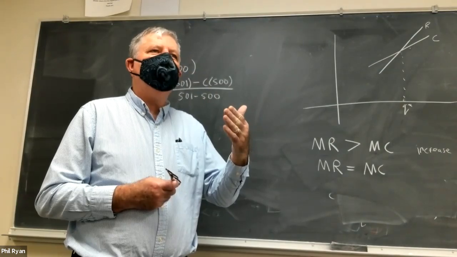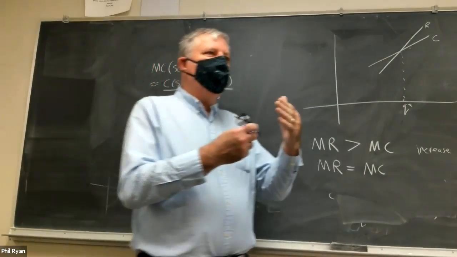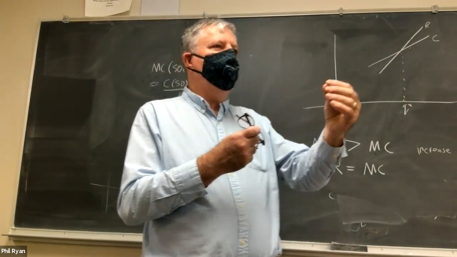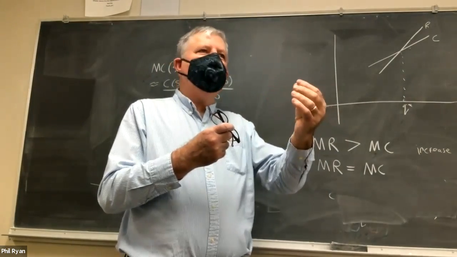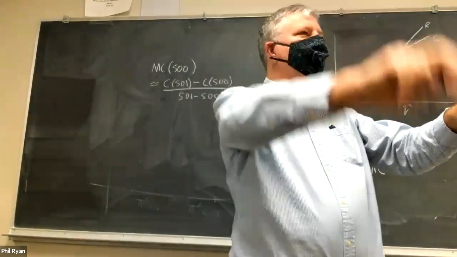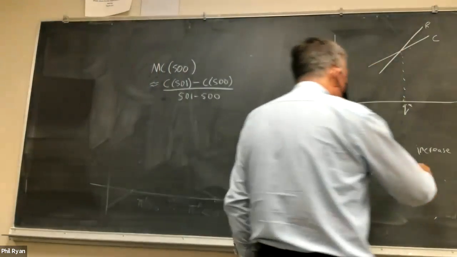Do we make any money? No. If our marginal revenue is $5 and our marginal cost is $5, we make nothing by increasing production. It costs us $5 to make that good. We sell it for $5. What's the point? So we should stay.